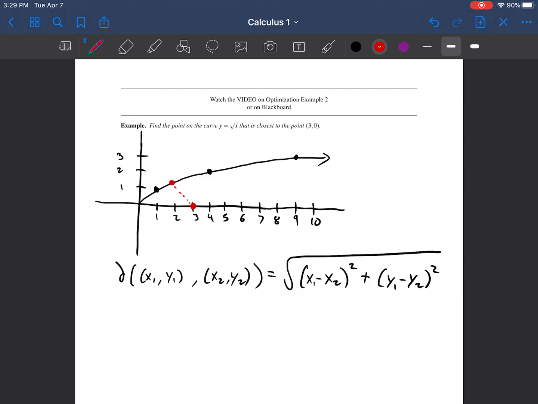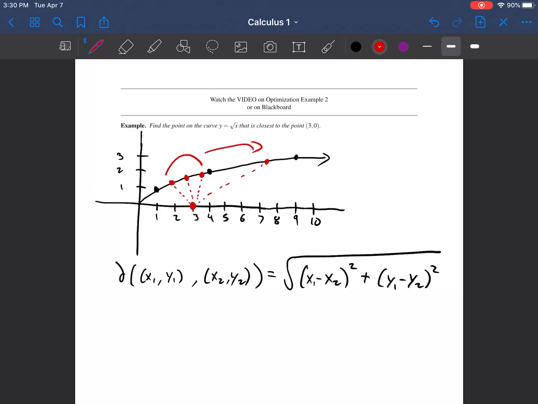Is this the point closest? Or maybe something here is closer, or something right here. Maybe something over here, but probably not, because we can see that's very far away. These 3 points are much closer than this point over here.